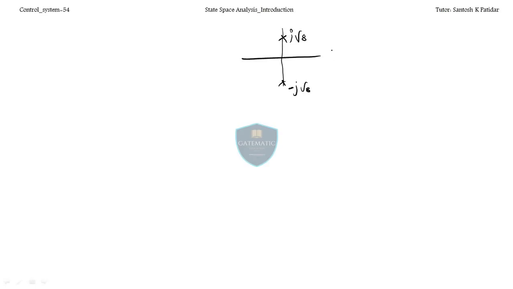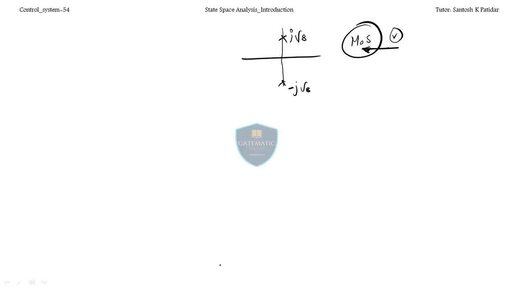So this system is marginally stable. You can conclude this from the stability condition also. So this is the procedure to find the transfer function. Very important. I'll cover some more questions while solving the GATE problems.